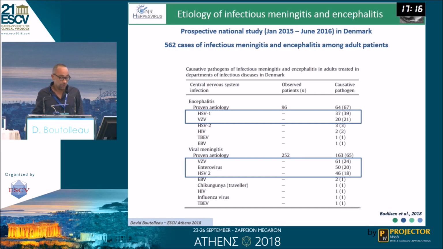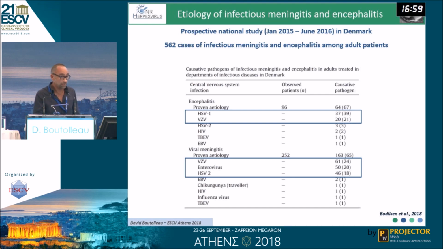Now, regarding the etiologies of infectious meningitis and encephalitis, here is a prospective study which was recently performed in Denmark concerning 562 cases of infectious meningitis and encephalitis among adult patients.